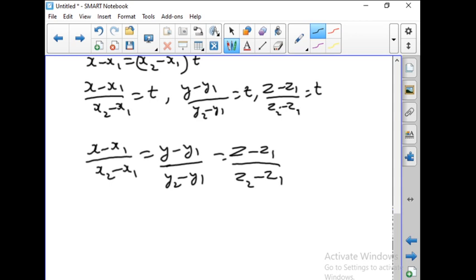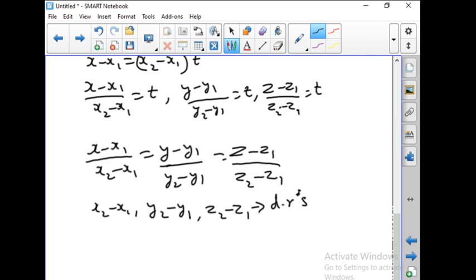Okay, here we observe that the direction ratios of a line passing through the 2 points are x2 minus x1, y2 minus y1 and z2 minus z1. So these are the direction ratios. In short we can write DRs. DCs is direction cosines, DRs is direction ratios. They also can be taken as x1 minus x2, y1 minus y2, z1 minus z2.